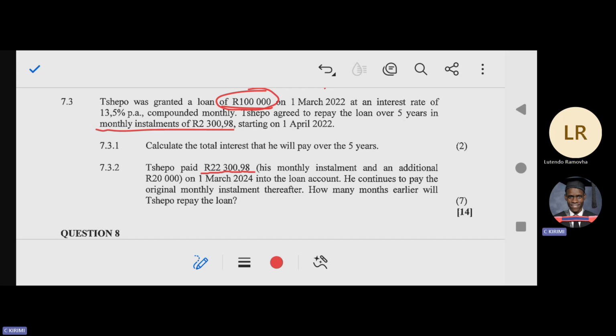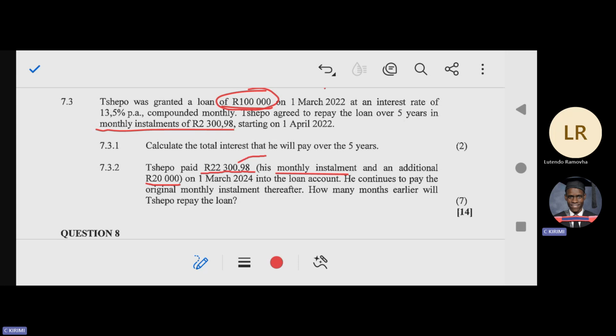So 2,398 plus 20,000, you get 22,398. It's a sum of the monthly installment and this additional 20,000. This amount was paid on 1st of March 2024 into the loan account. So instead of paying the monthly installment of 2,398, Tsepo paid 22,398 on the 1st of March.